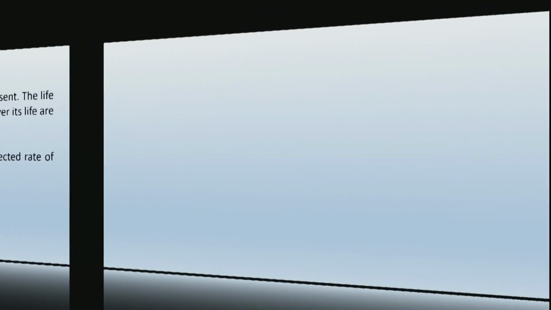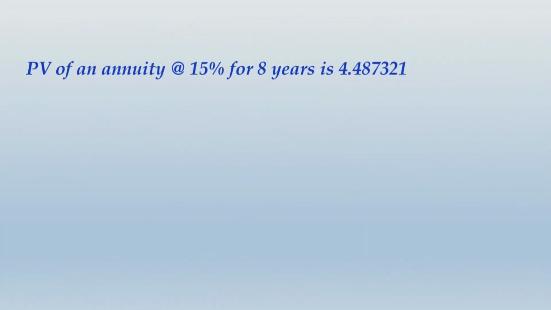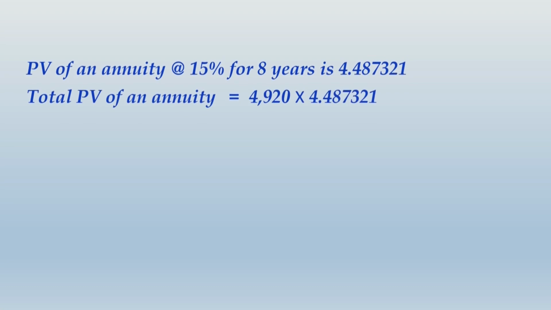So in your solution you please write PV of an annuity at 15% for 8 years is 4.487321. So total PV of an annuity will be 4920 into the annuity factor, and that gives you 22,077.62.